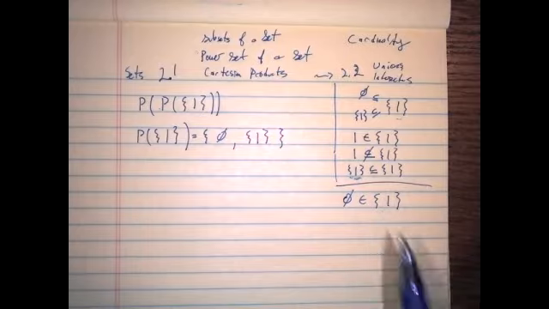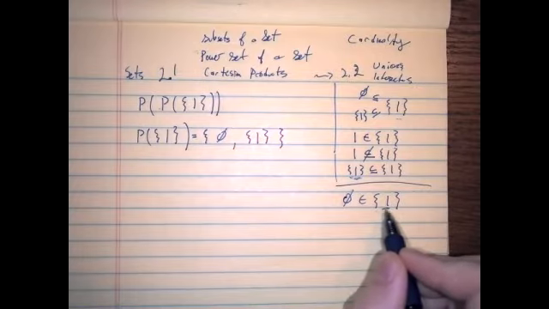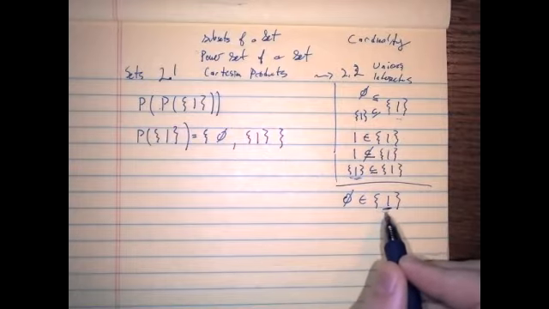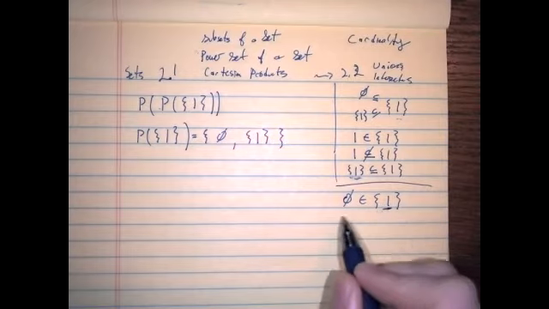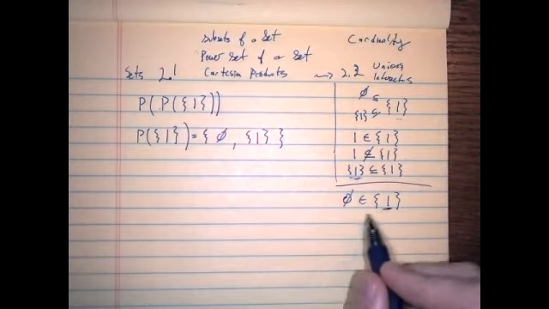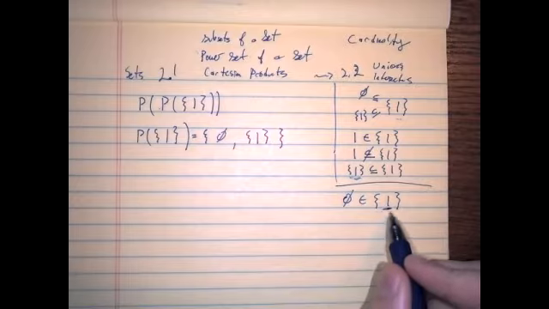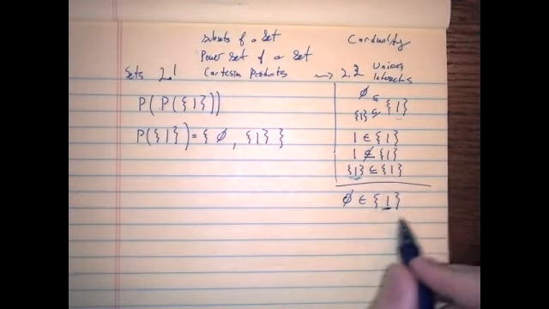The empty set and 1? Actually, it's only 1. The empty set is not an element in here. The elements are like the objects that the set contains. But this doesn't contain the object, the empty set. It's just that a viable subset of the set is the empty set. But 1 is the only element inside this set.